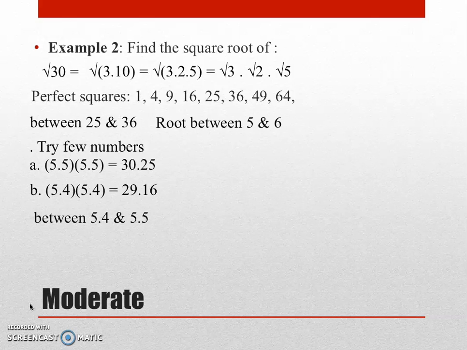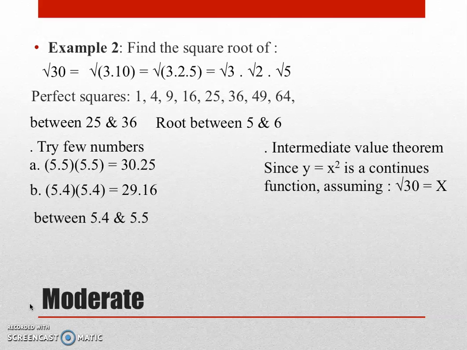Now, can we get an exact number? Yes, we can. We can use the intermediate value theorem. Since the function of a square is a continuous function, let's assume the square root of 30 is a number x. We can use our intermediate value theorem formula to calculate x.